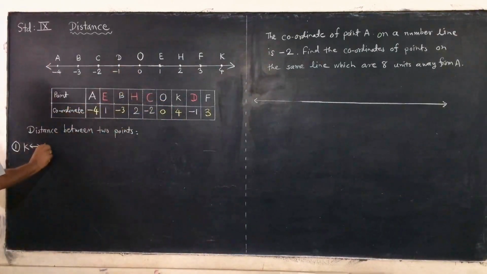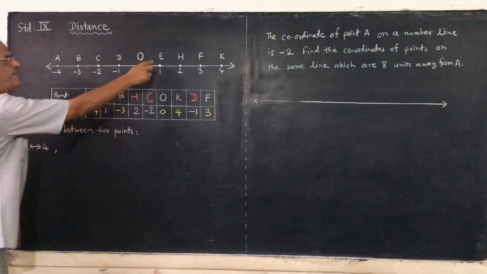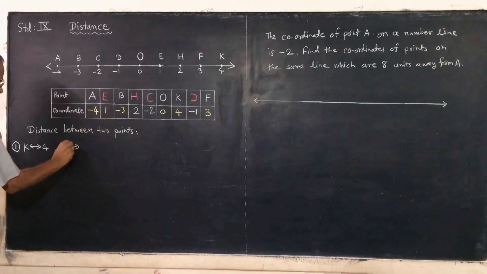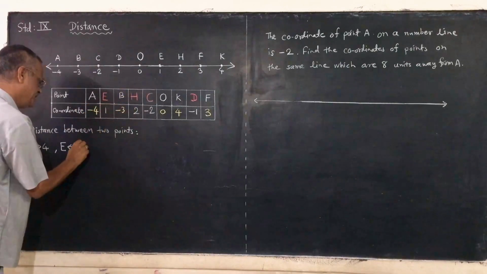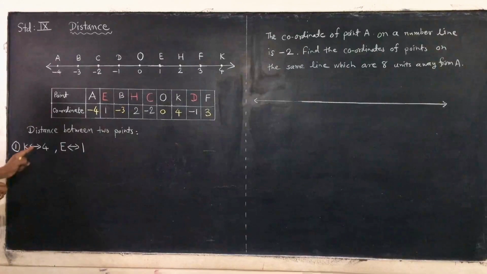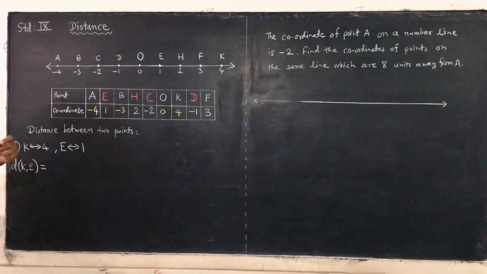So we can write 4. And E point is there. What is the coordinate of E? 1. Then how to calculate the distance between K and E? That is the example.